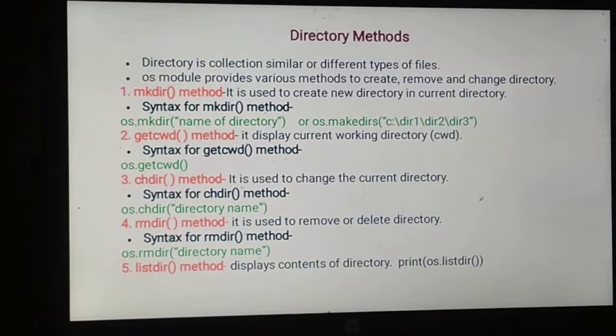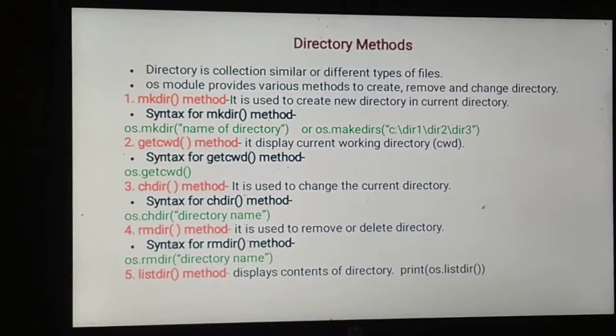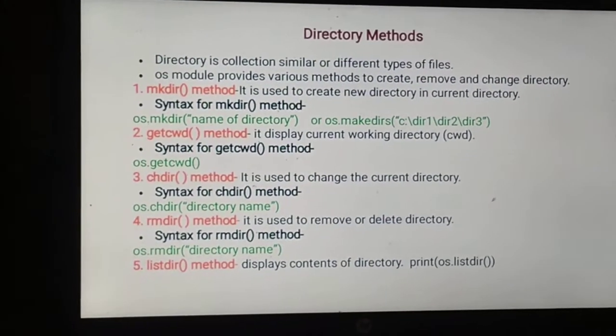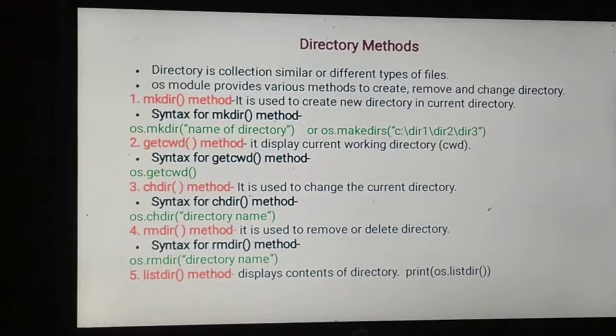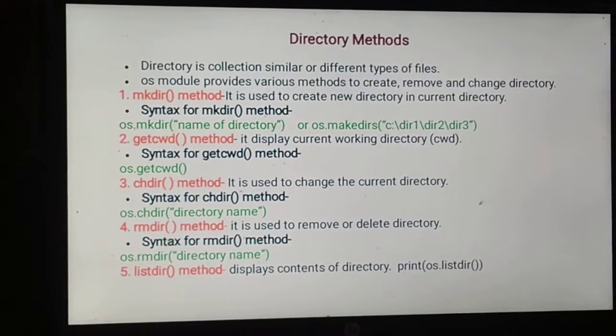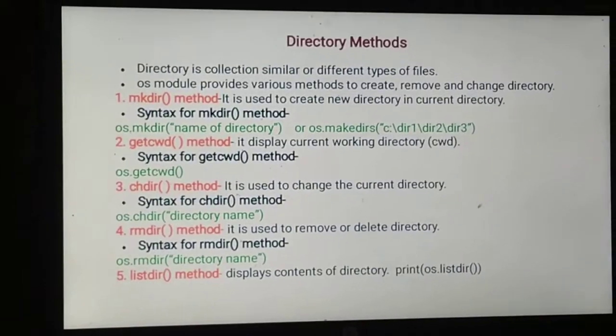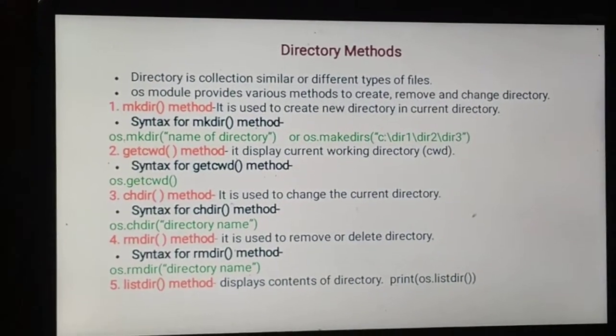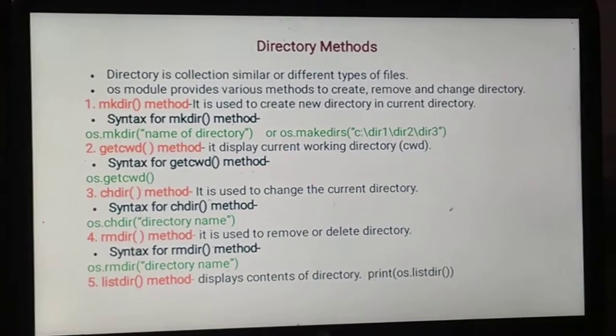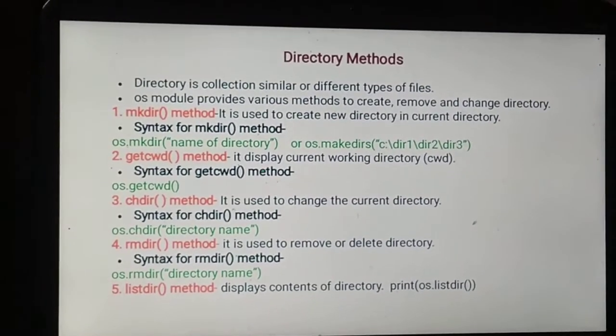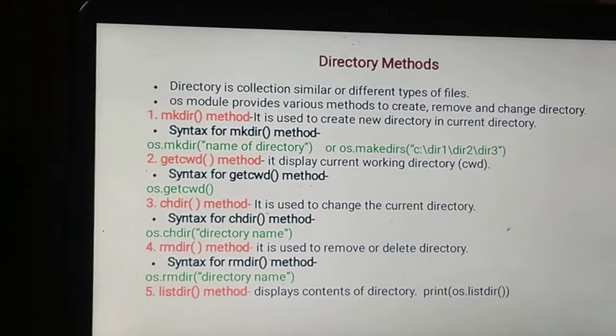For that you write chdir, and in brackets you specify the directory name you want to switch to. Suppose you want to switch to Python, so you write Python in double quotes. It will change the directory, and when you call getcwd again, it is going to print the new current working directory.